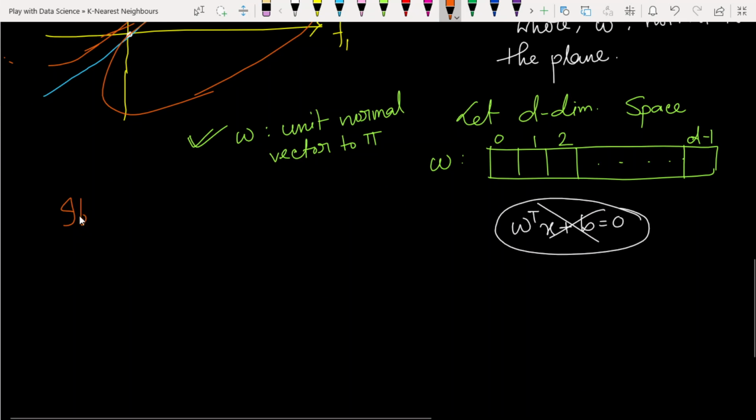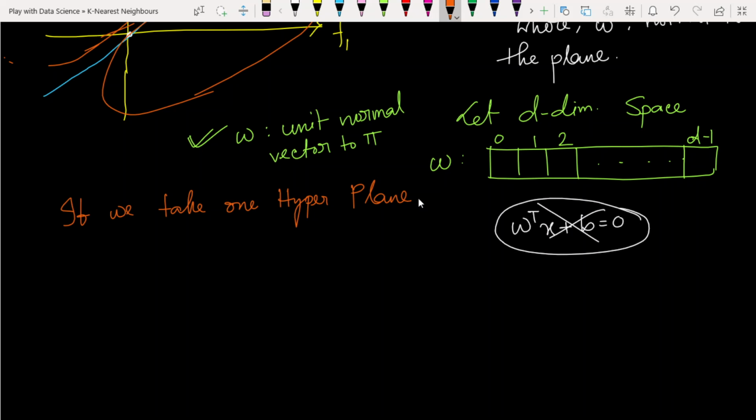So if we take one hyperplane, then we divide our whole space into two sides.